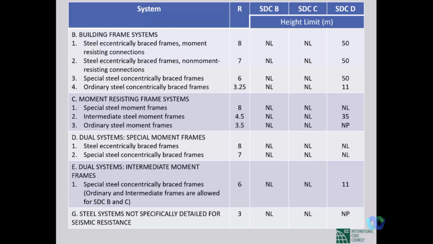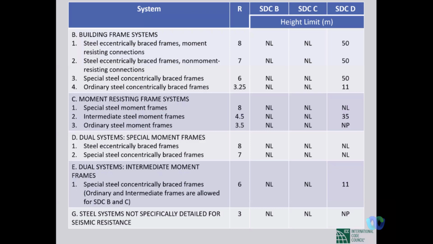And if you see the second column, R, you'll find that all the values are more than 3 except one, the last one, which is G, steel systems not specifically detailed for seismic resistance.